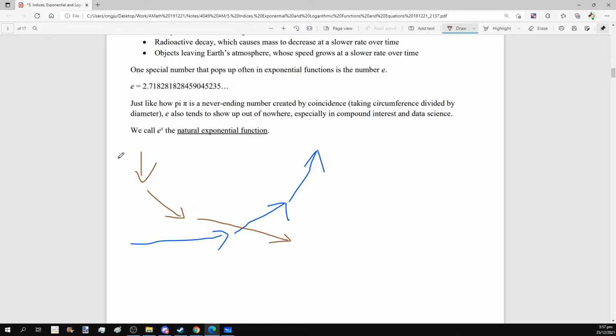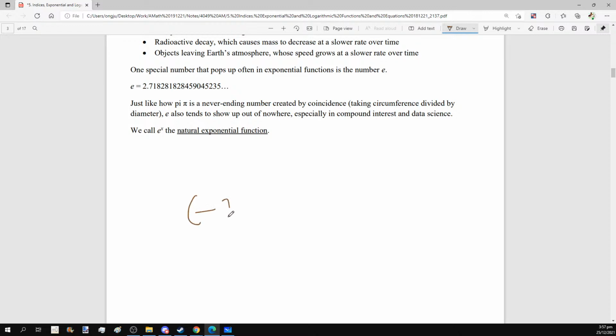Right? So aside from all this, one other thing to take note is that we typically don't use negative numbers, right? You won't expect to see, for example, negative 2 to the power of x, because this brings a whole slew of problems, right?